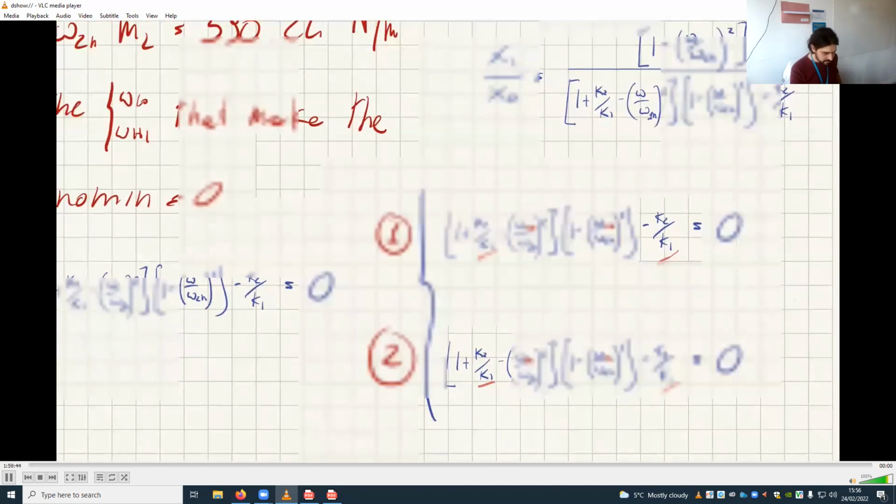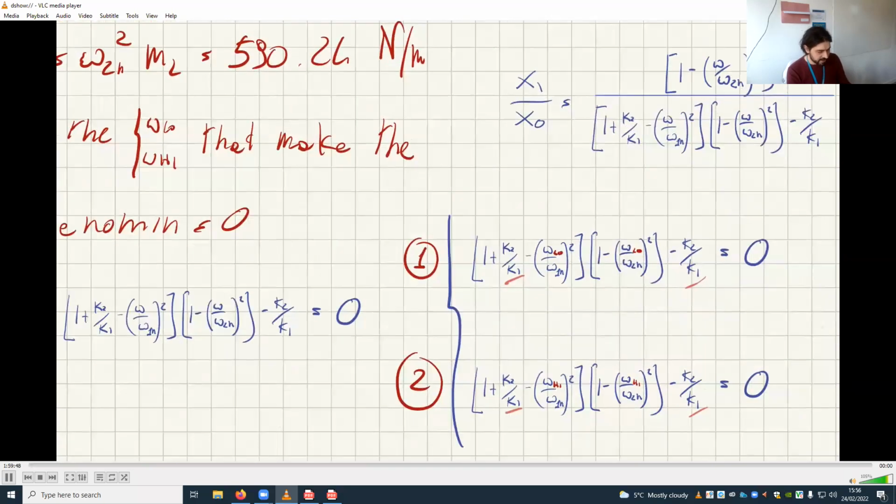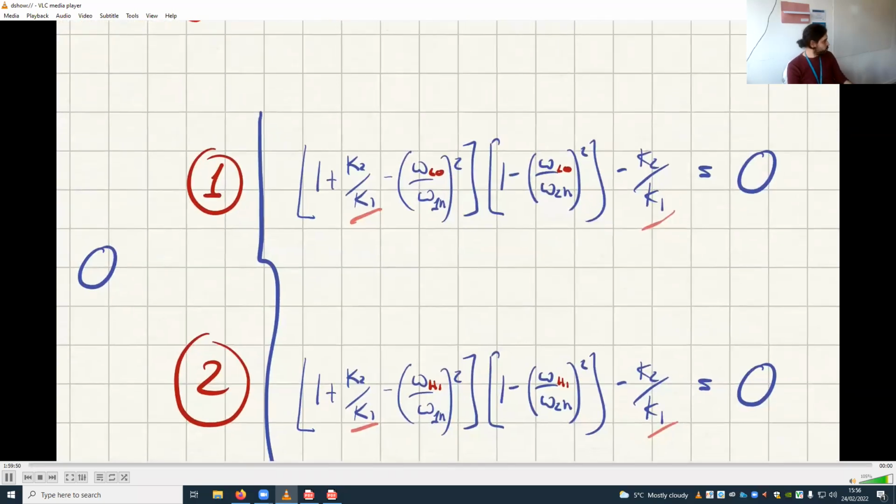It's given here. So the only thing that is left is omega 1n, which is the natural frequency of the pipe in isolation. So this is the other thing that I don't know. And as you can see, two equations, two unknowns. Quite a pain to solve, but still two equations, two unknowns.